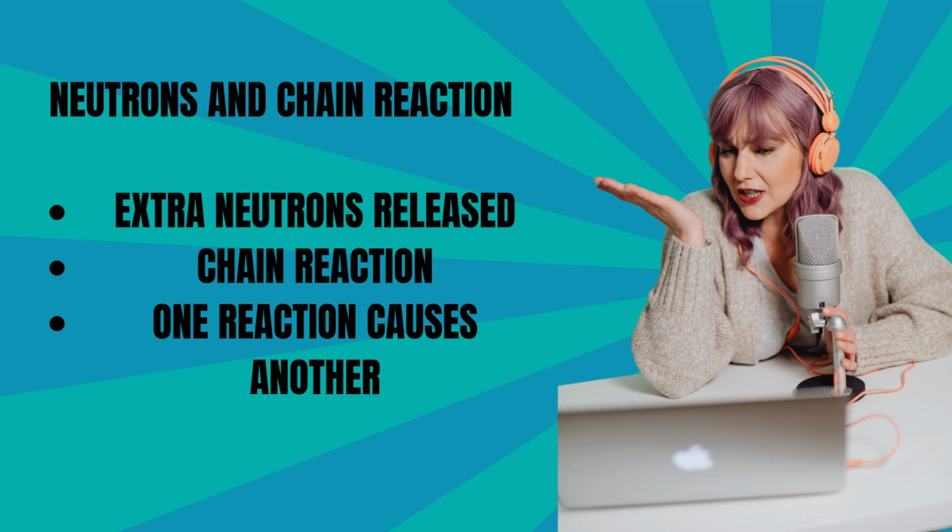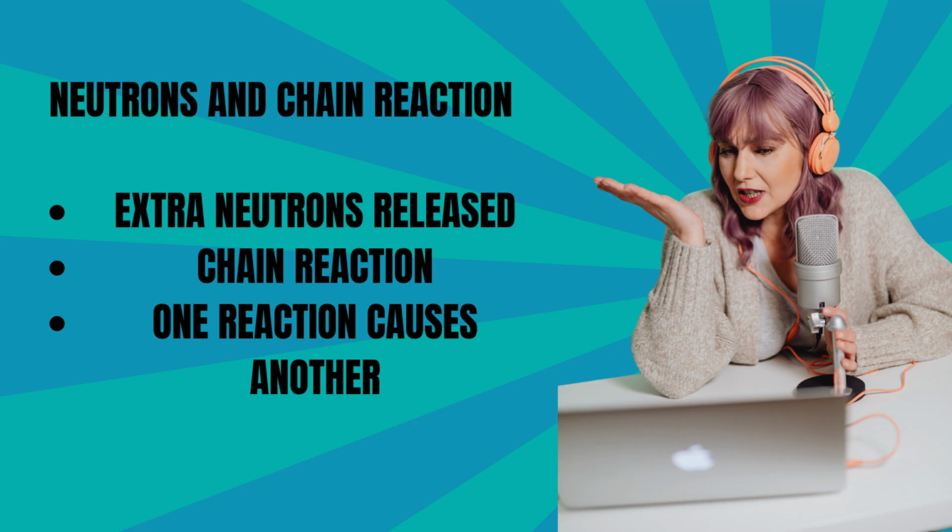Control rods are used to absorb extra neutrons, slowing the reaction down, so basically the energy released is steady and safe. In contrast, in nuclear weapons, the chain reaction is uncontrolled and happens extremely quickly. But for GCSE exams, the focus is on electricity generation, not weapons.